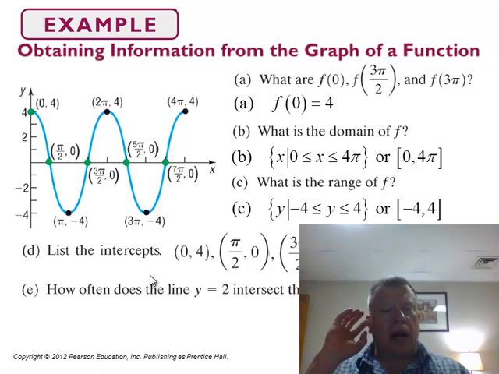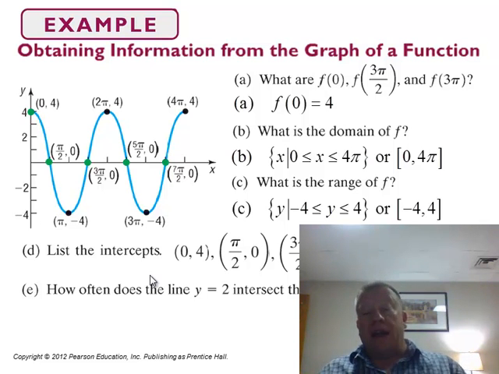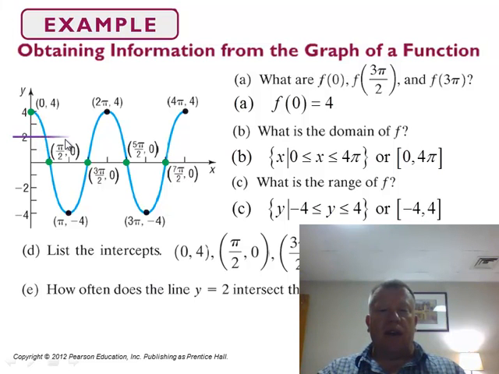Okay, what about when the function is equal to 2? What are the x values for when the function is equal to 2? That's really the same thing as asking, where does the line y equals 2 intersect the graph? Well, I don't know that we can get the exact x values, but we know that the line y equals 2, that purple line that just appeared, intersects the graph right there, there, there, and there.